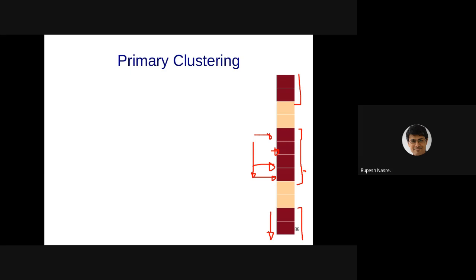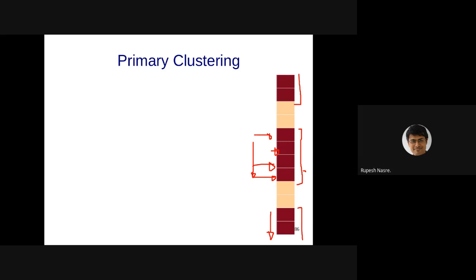And therefore primary clustering. Assume that these primary clusters don't exist, which means that the elements are actually getting interspersed across the array. That means there are holes in between the elements. Not all the elements, but some smaller chunks, maybe 2-3 elements, might be appearing together. That is okay. But as soon as there are holes, you are going to do a very quick search for a particular element.